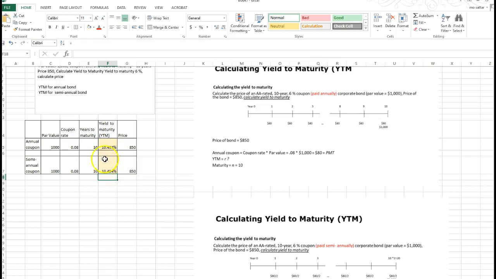The only difference between annual and semi-annual is that we are adjusting the number of periods to twice as many. When we calculate the PMT, we divide it by half. Once we calculate the yield to maturity, we multiply that by 2, because we are calculating for 6 months, but we have to report annually.